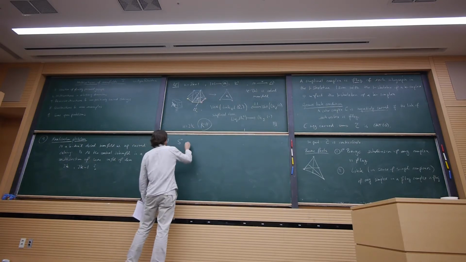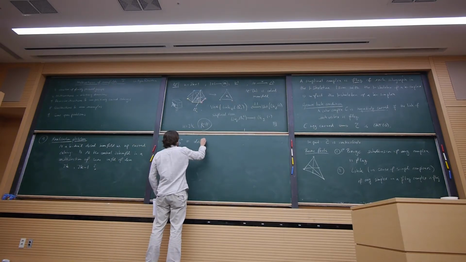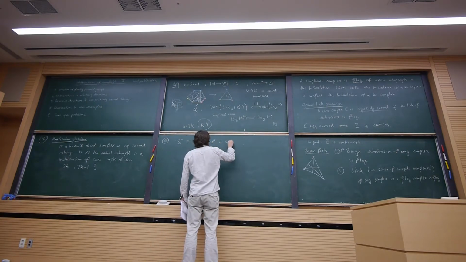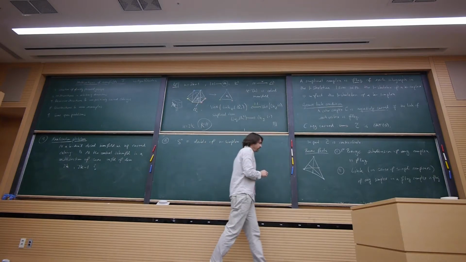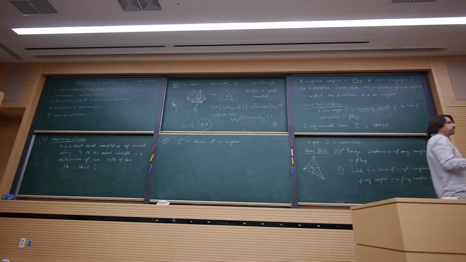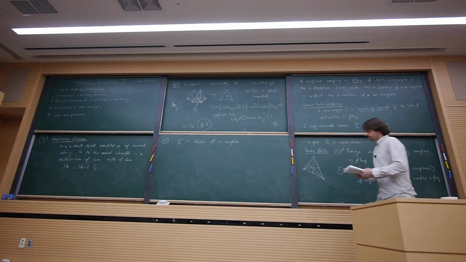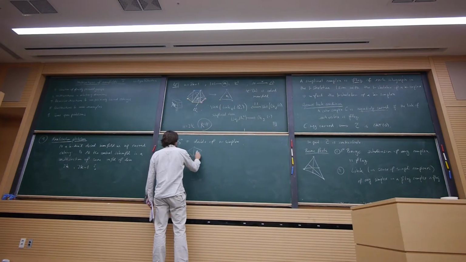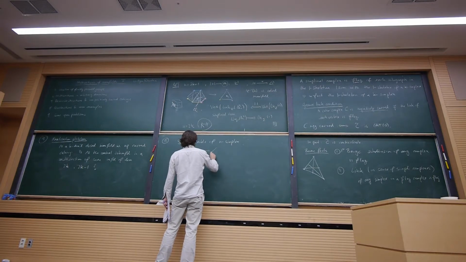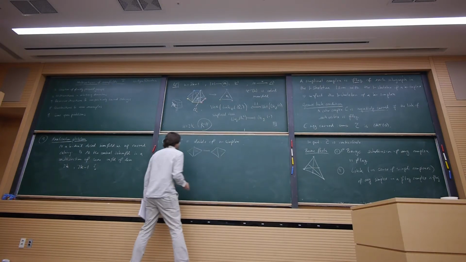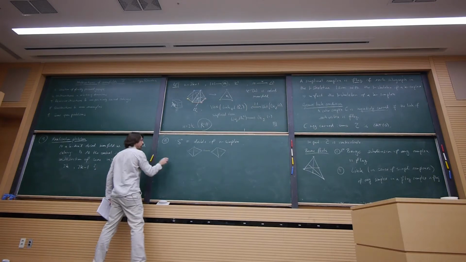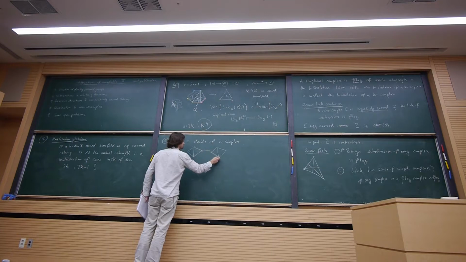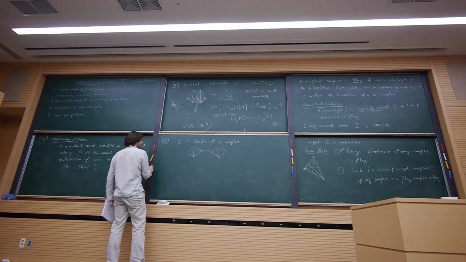For instance, S^n, you can just think of as a double of an n-simplex. And once you have it as a double of an n-simplex, it's very simple to construct a multisection. If you think of this as a double of these two simplices, then you just pick whatever partition of the vertices of the simplex that you like.